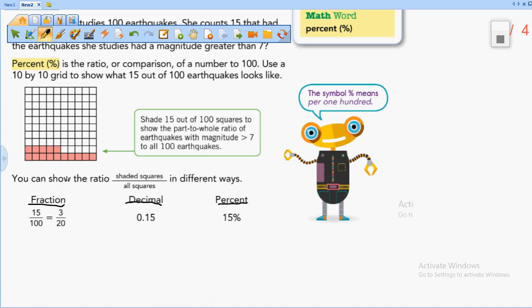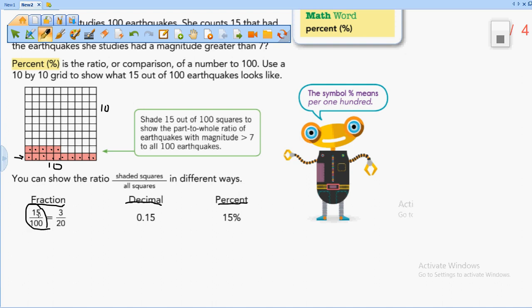Look here, if I want to count the shaded parts, I have 1, 2, 3, 4, 5, 6, 7, 8, 9, 10, because on each row we have 10 pieces, because this grid is 10 by 10. So each row has 10, and 11, 12, 13, 14, 15. I can say as a fraction 15 over 100.